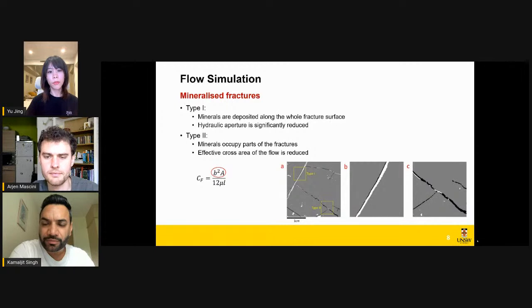For this type, the hydraulic aperture is significantly reduced, so I need to change the aperture in the conductance equation for the pipe element. The other type is where the mineral only occupies part of the fracture. In this case, the effective cross-sectional area of the flow is reduced, so I have to adjust the A in the equation.